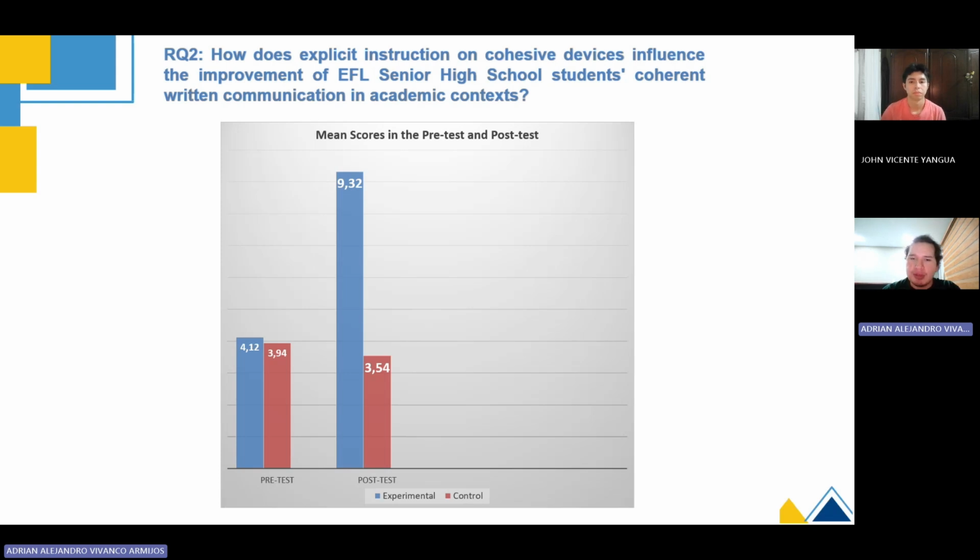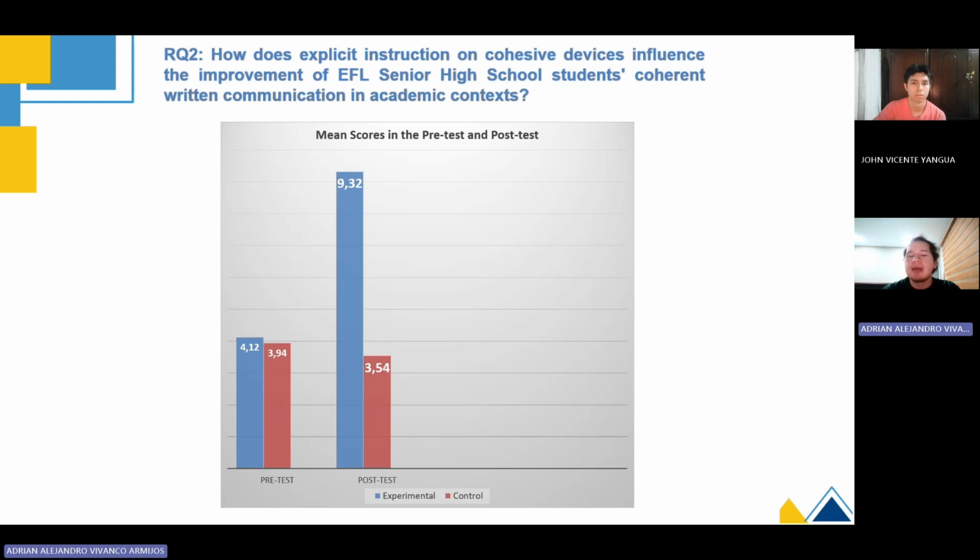Throughout the intervention, students participated in 6 instructional sessions that included direct explanations, guided practice, independent practice, group activities, and continuous feedback on the use of additive, cause and effect, and comparison and contrast cohesive devices.